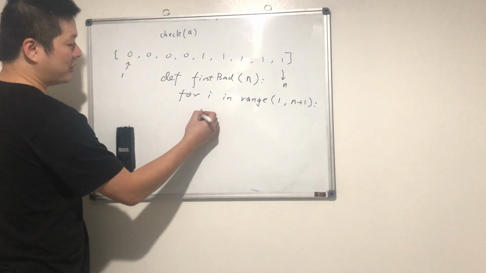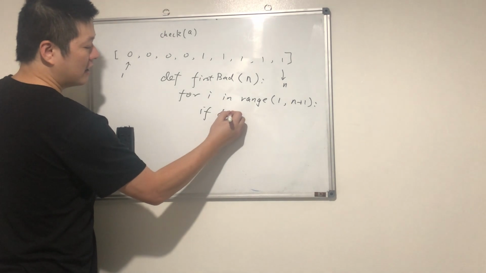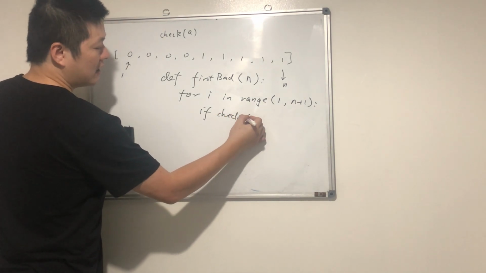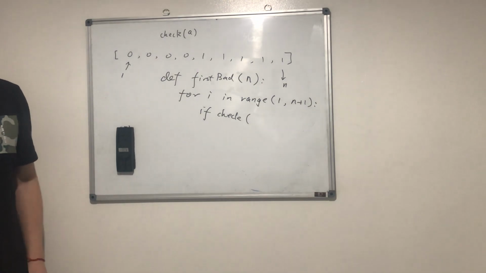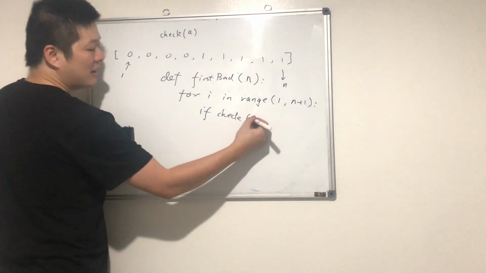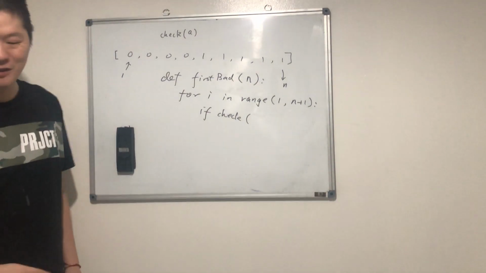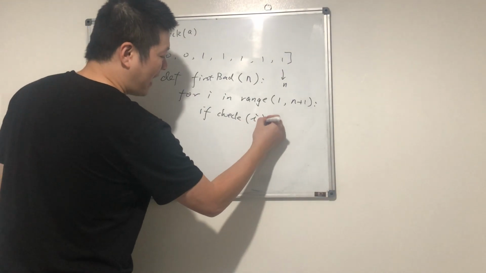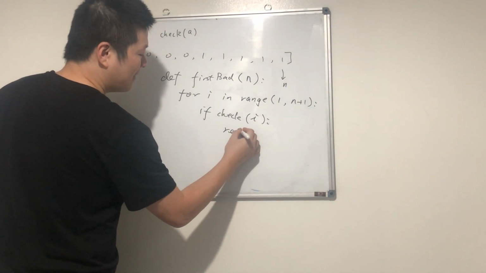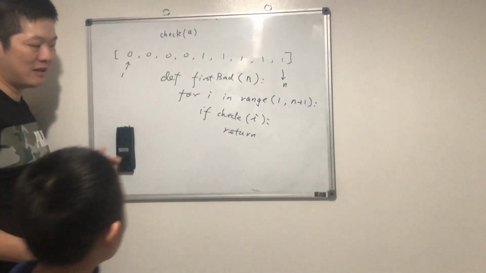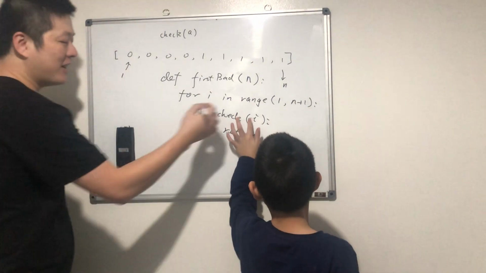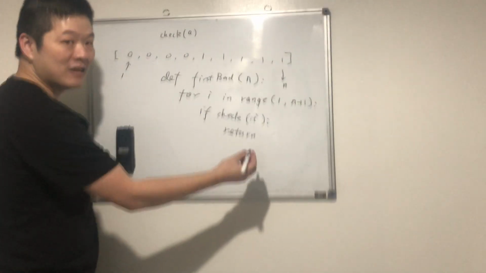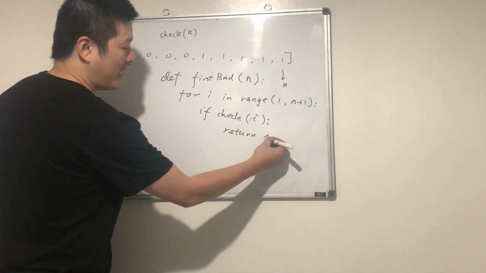Now what do we do? If check i, then return i.